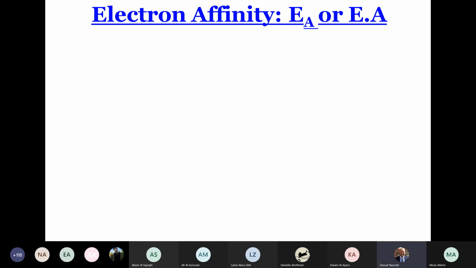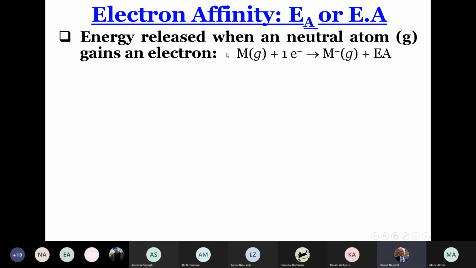The third property to be studied is the electron affinity, noted EA. What is the electron affinity? The definition of the ionization energy is the energy absorbed by the atom to remove one electron from its valence shell.